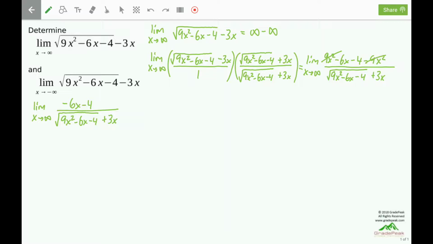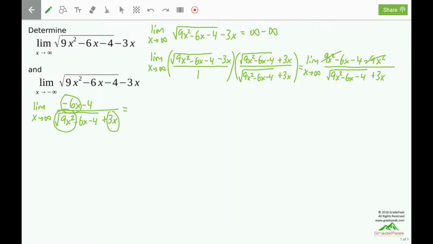If we try plugging the positive infinity in now, only the highest power terms in the numerator and denominator matter. In the numerator, that'll be negative 6x. In the denominator, it will be the square root of 9x squared as well as the 3x.